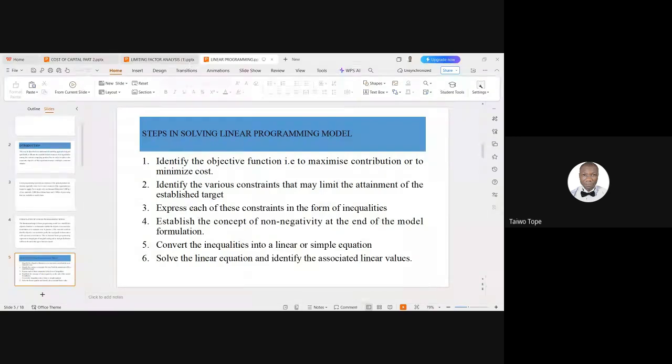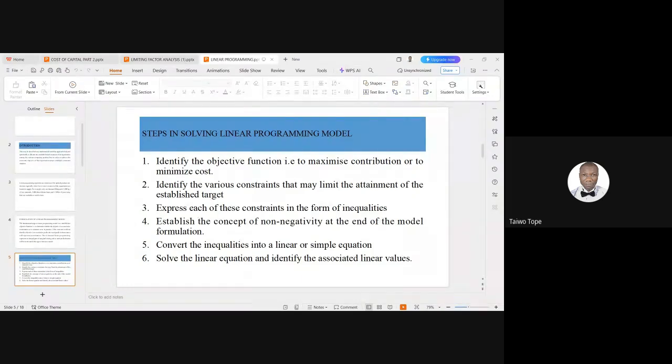You can have zero production, you can have production of 1 unit, 2 units, or 3 units, but you cannot have a production of -1, -2, or -3. So the concept of non-negativity is a basic condition in linear programming, which states that decision variables cannot take negative values.